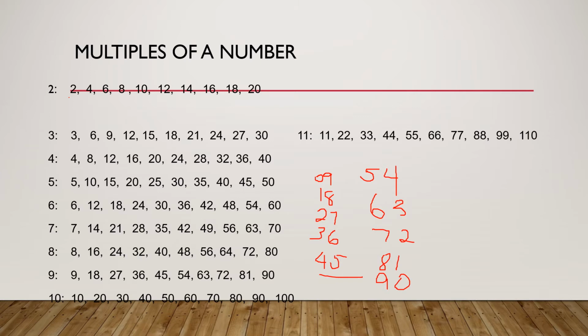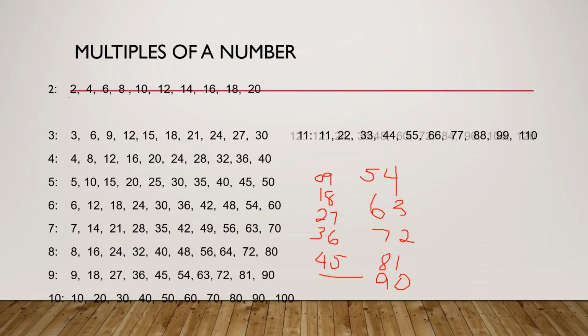For 11, you just multiply a number by itself. 11 times 1 is 11. 11 times 2 is 22. So you just add 11 plus 11, 22, 22 plus 11, 33, like that. So, 11, 22, 33, 44, 55, 66, 77, 88, 99, 110.